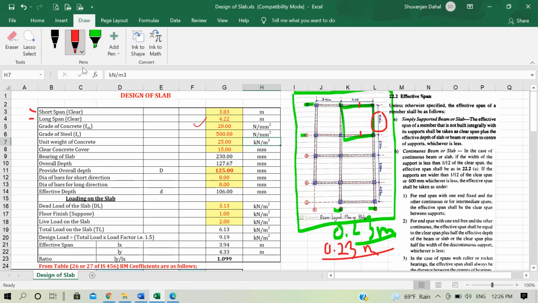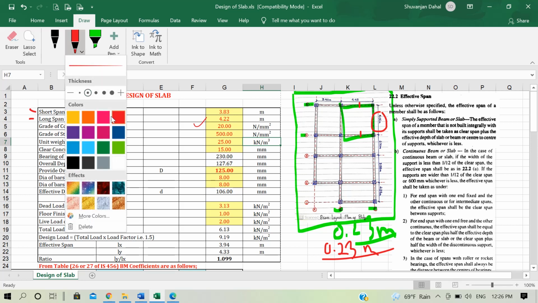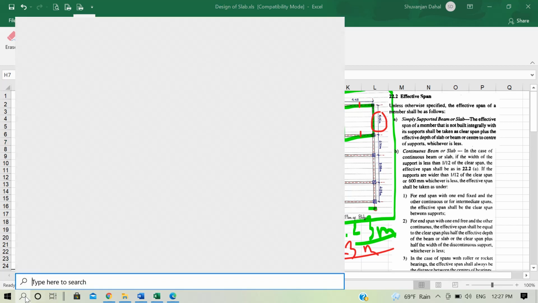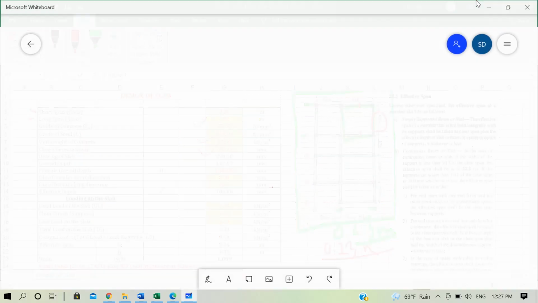Let's suppose that the unit weight of concrete is 25 kilonewton per meter cube and clear cover in our slab is 15 mm. So remember this.